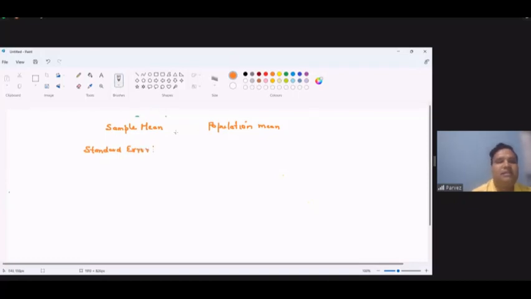There is a difference between sample mean and population mean because it will not be 100% accurate. Some error will definitely be there. Nobody will fill in a perfect questionnaire with all perfect answers. So there will always be some difference between sample mean and population mean. That is called standard error.